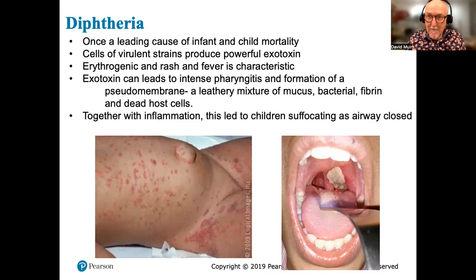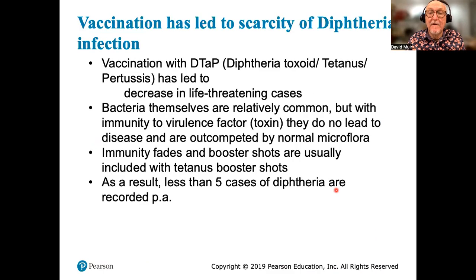Diphtheria, tetanus, and pertussis vaccine. Very good vaccine, and one which is routinely administered now to children. The bacteria occur commonly, but it's only when they possess this virulence factor, which releases the toxin, that they are able to cause disease.